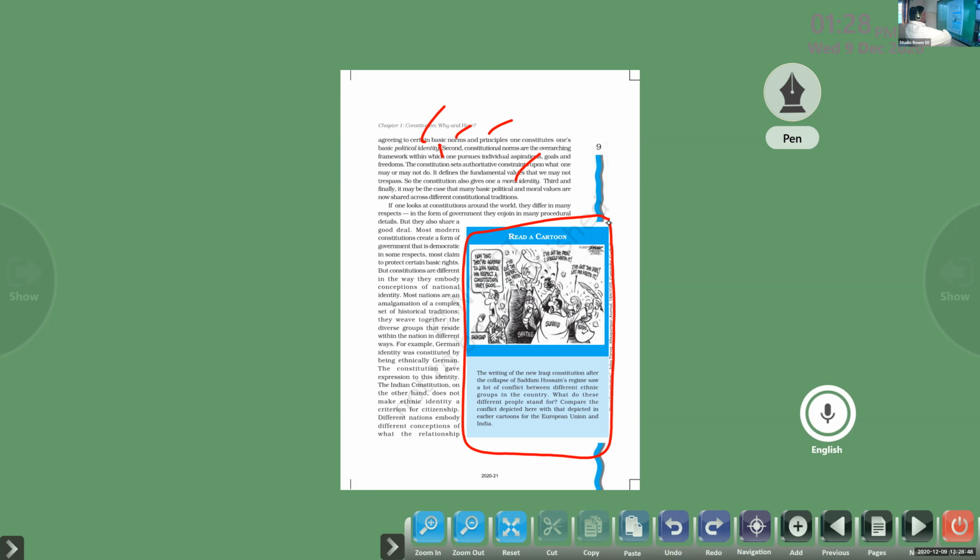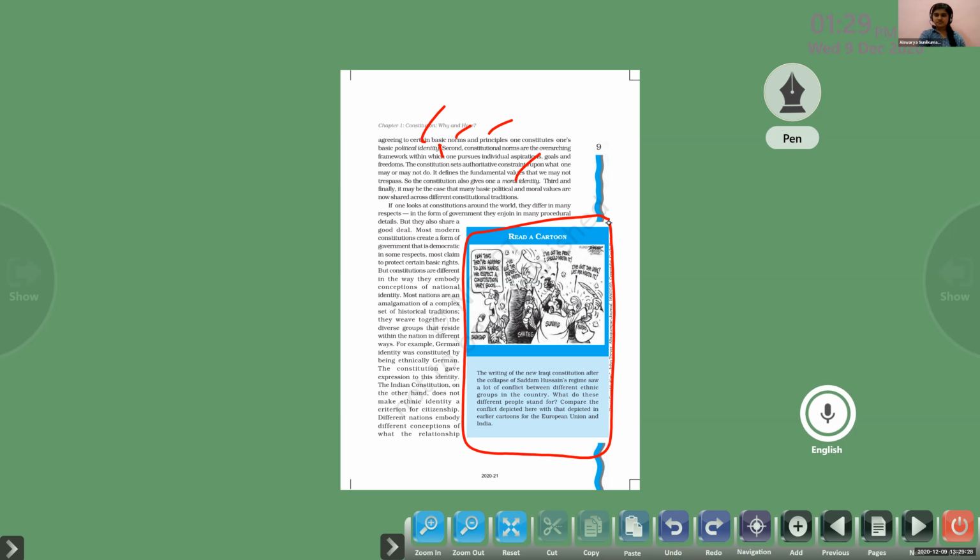Okay, now we can read a cartoon here. So just observe and tell me what is mentioned in that cartoon. What is that? Anyone is able to say?